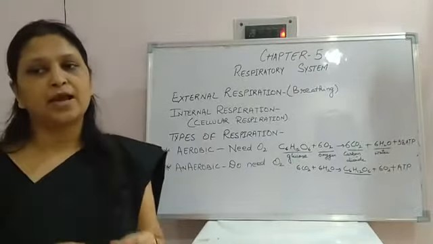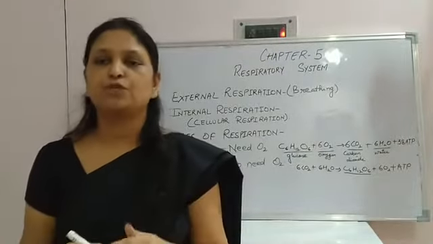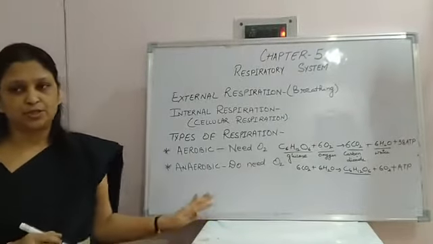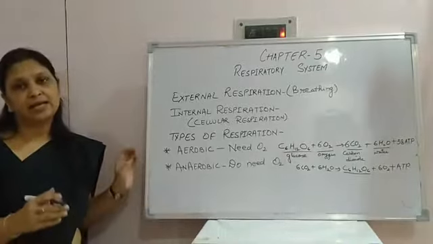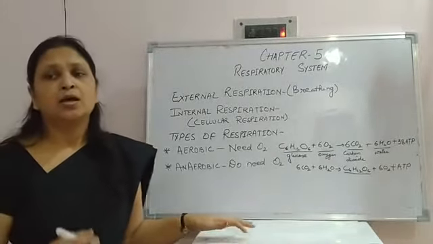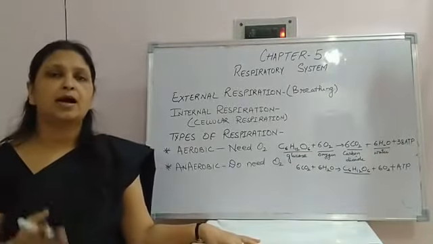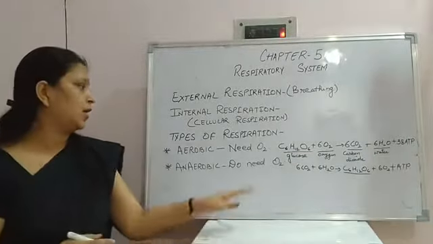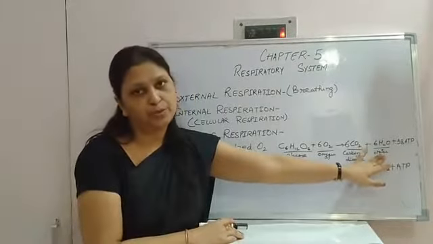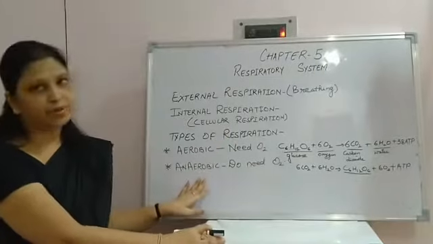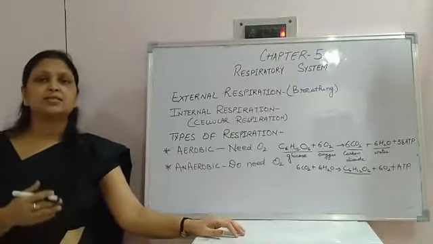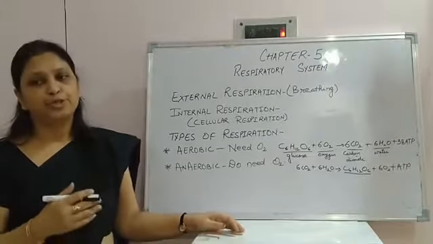The chemical reactions transfer energy from glucose to the cell. Anaerobic respiration produces lactic acid or ethyl alcohol rather than carbon dioxide and water. In aerobic respiration, carbon dioxide and water are produced, but in anaerobic respiration, lactic acid or ethyl alcohol is produced.